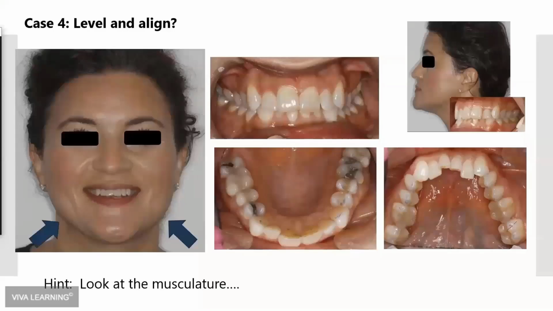So it will be very tough to achieve this. Perhaps a bit of expansion will help the posterior segment, but it will be difficult to treat both arches with clear aligners. I think the upper anterior segment will be able to be aligned, but the lower arch, we're looking at a more comprehensive approach. So possibly not a great case to treat.